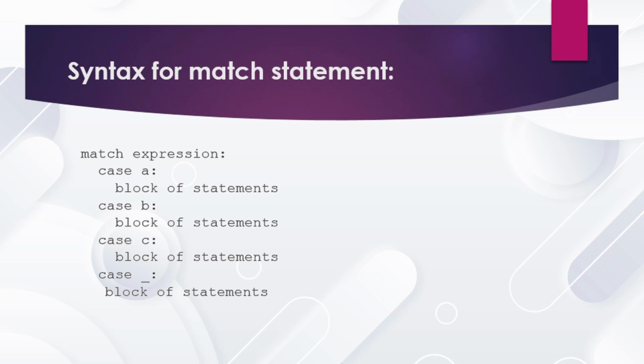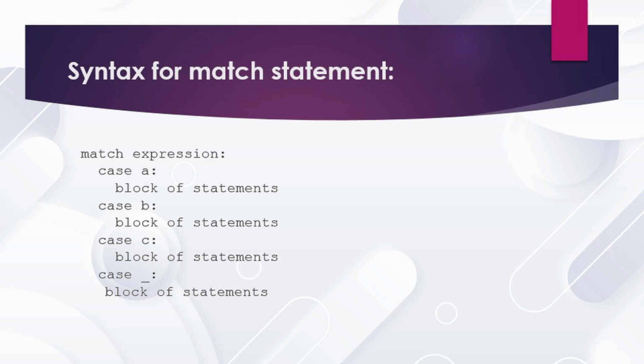The expression following the match keyword is evaluated only once. The result of this expression is then compared against the values provided in each case. If the value of the expression matches any of the case values, the corresponding block of code is then executed.